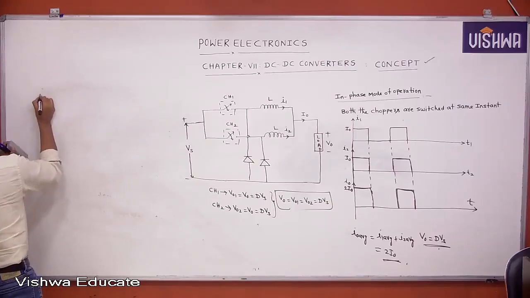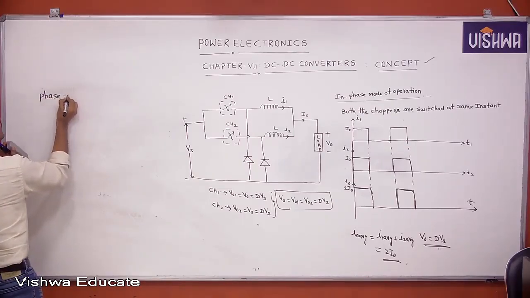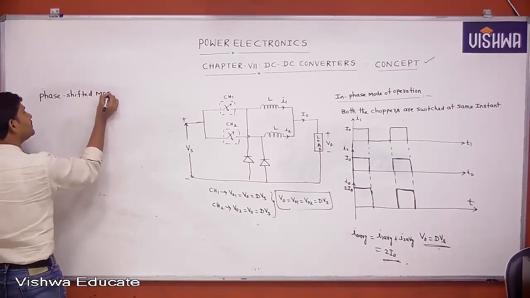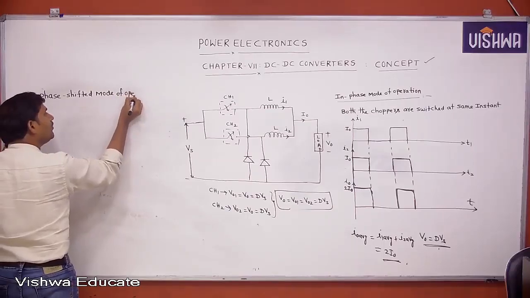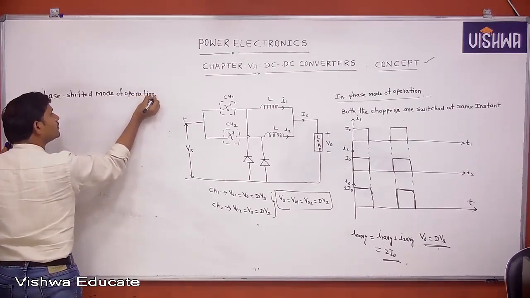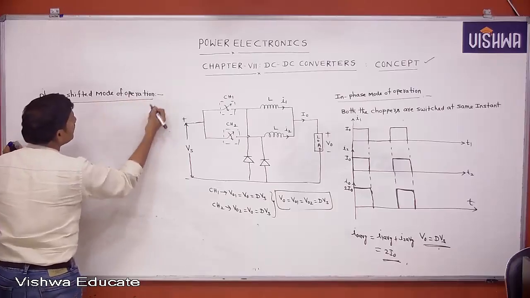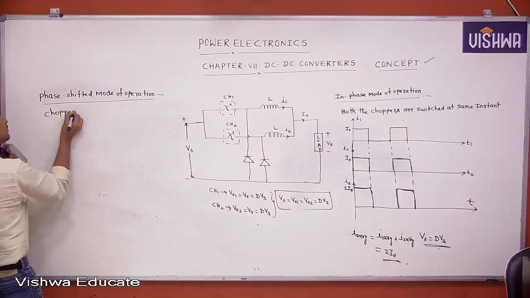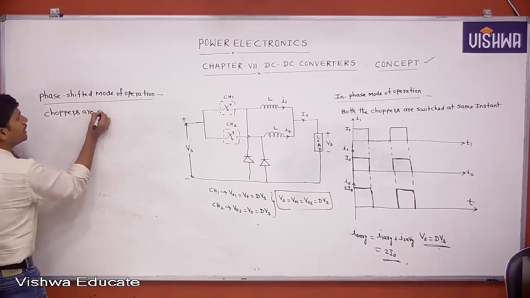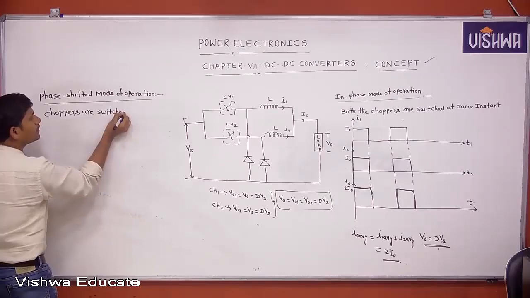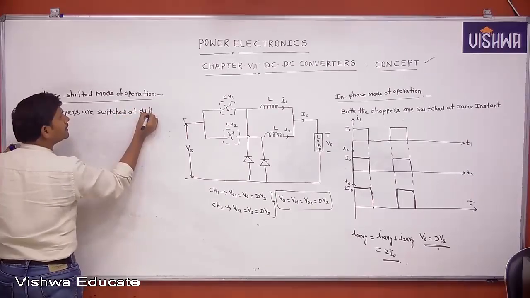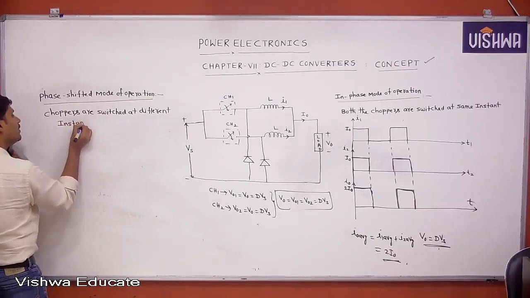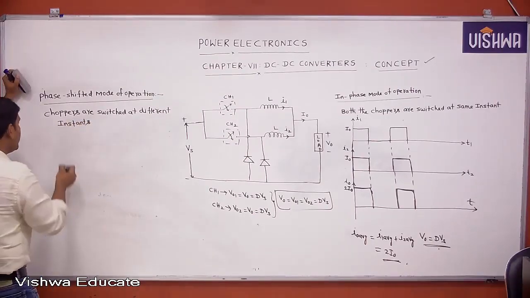Phase shifted mode of operation means choppers are switched at different instants. Then it is called phase shifted mode of operation. Different instants means like this.